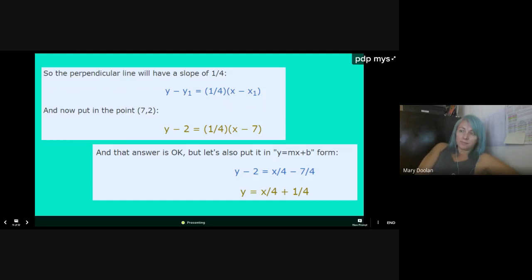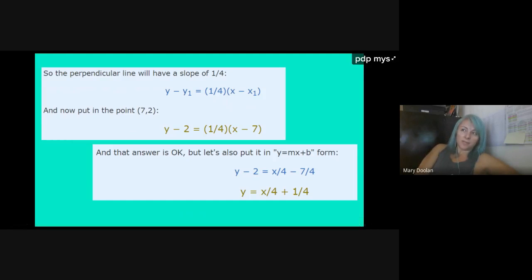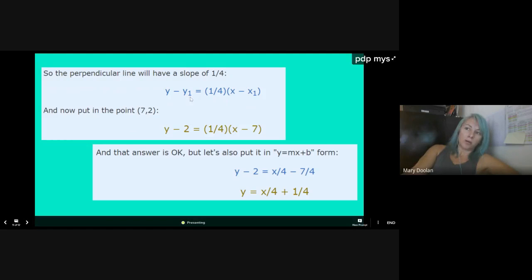All right, point slope form is y minus y1 equals m times x minus x1. And if you guys remember back on parallel lines, that comes from the slope formula.